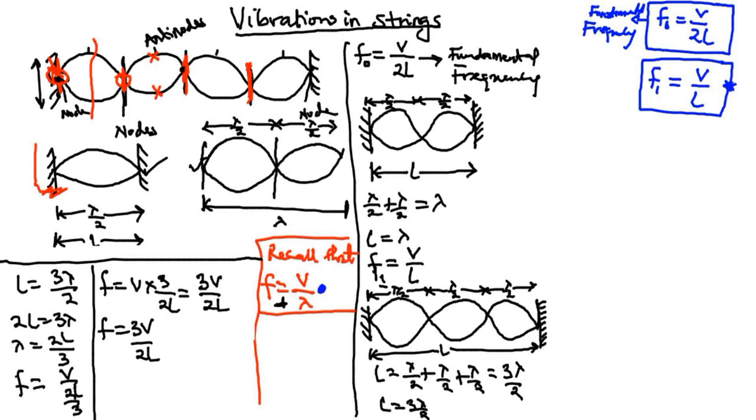So I am also going to write it down somewhere here, and I'm going to call it F2 because we are numbering 0, 1, 2. Okay, F2 will be equal to 3V over 2L, and I'm also going to put it in a box. I'll do one more and then we will move on.